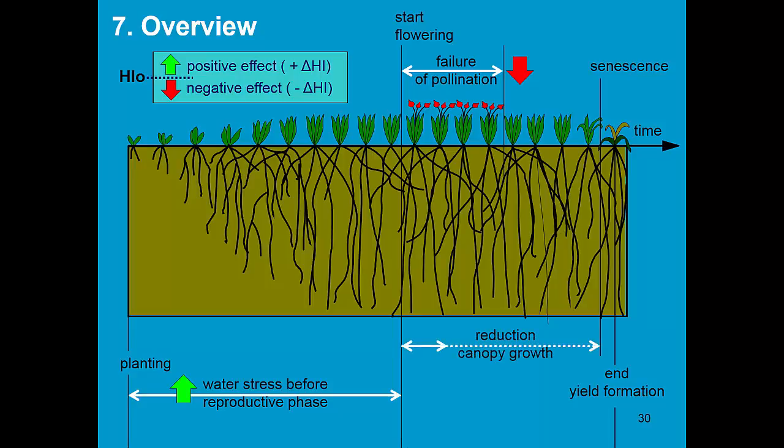During the period of yield formation, if we have a reduction in leaf extension, in canopy growth, this might result in a positive increase of the harvest index. While stresses resulting in stomatal closure, resulting in a reduction in crop transpiration, has a negative effect on the harvest index.